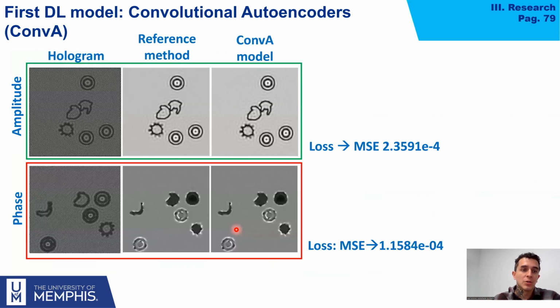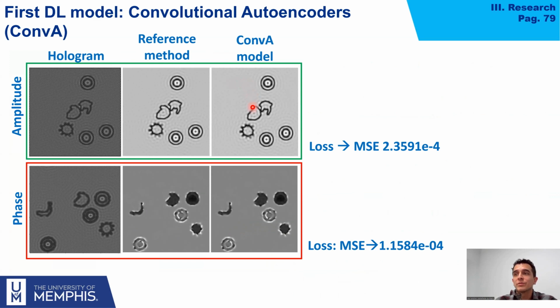Okay, so after training the model with this simulated data, we obtain these outcomes. These are the outcomes for amplitude, and these are the outcomes for the phase, and this is the reference method and the outcome with the convolutional model.